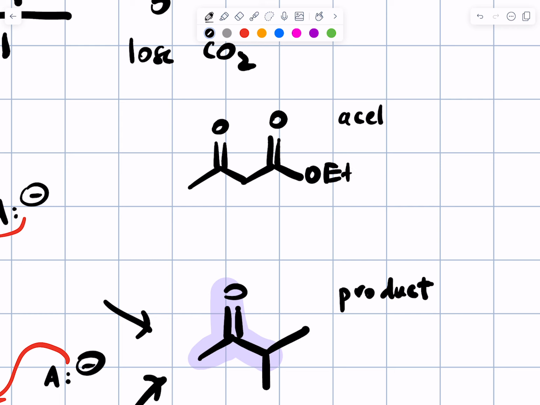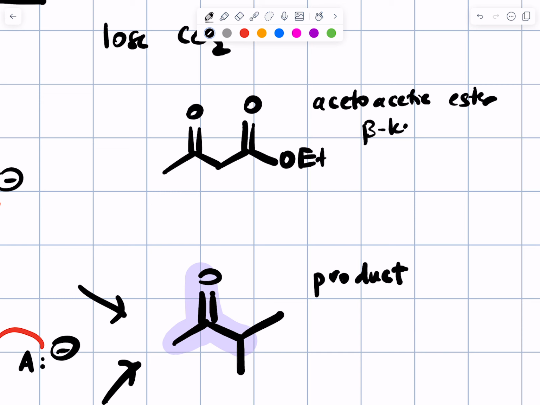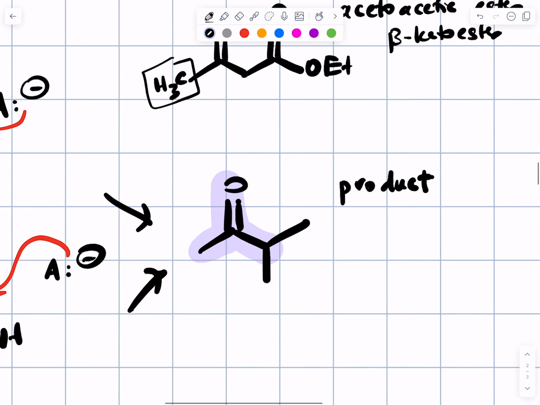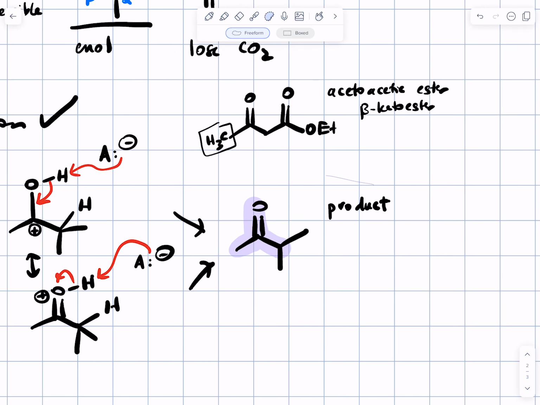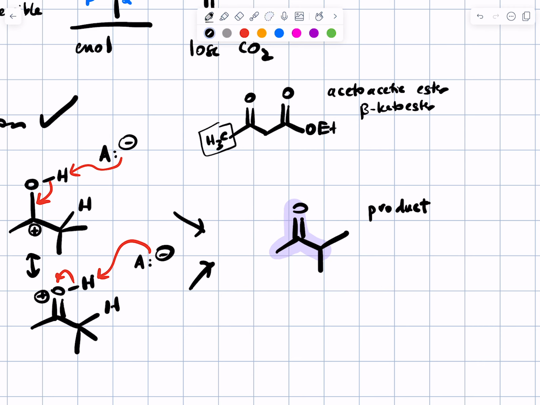We call this starting material acetoacetic ester, or alternatively a beta keto ester. A key structural feature of the beta keto ester is this methyl group, which is basically a spectator for the whole reaction. Your product is an example of what I'm going to call a methyl ketone.